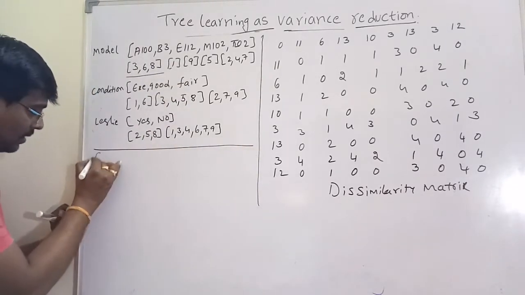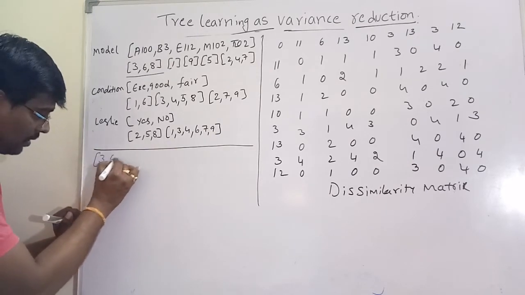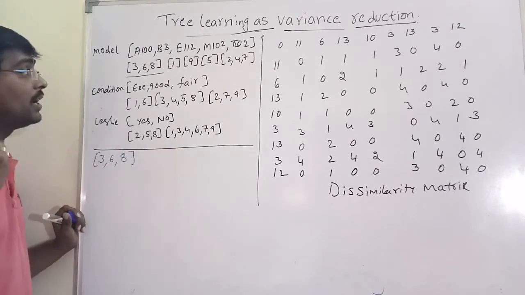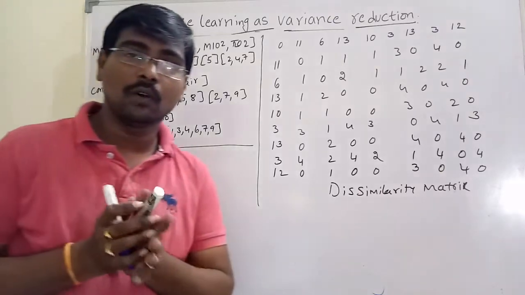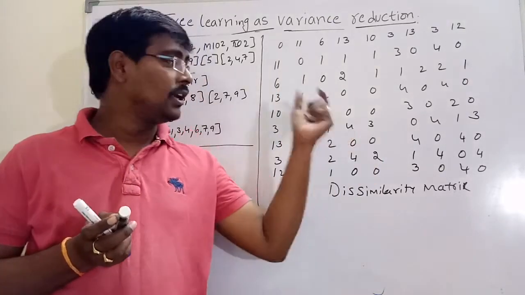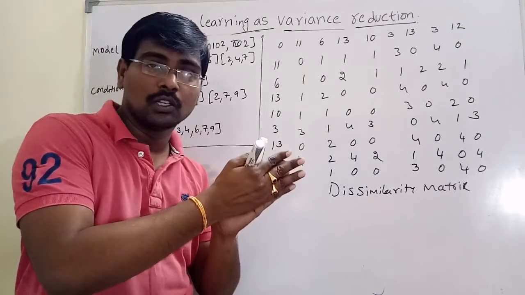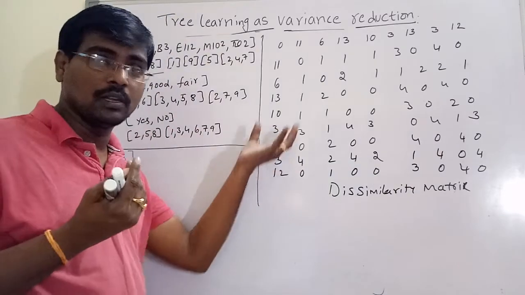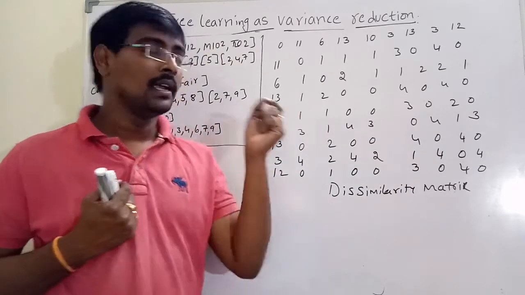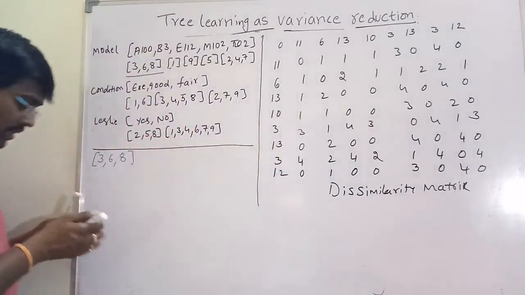How do we calculate the dissimilarity for this? We already know the formula: 1 by D square into sigma, x belongs to D, x dash also belongs to D, dissimilarity of x comma x dash.